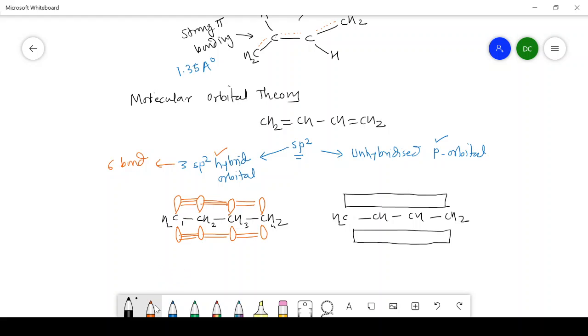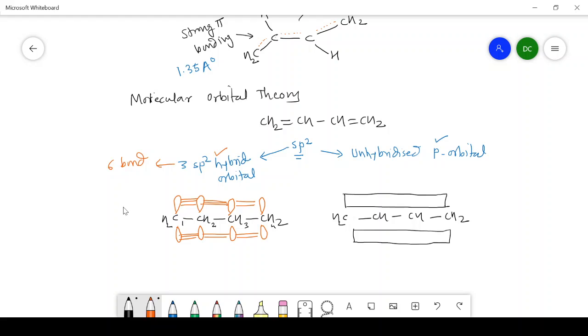So the main reason for the stability of 1,3-butadiene and its heat of hydrogenation is the pi cloud present above the plane and below the plane, and this pi cloud covers all the four carbons, and electron delocalization occurs all over the carbon chain.